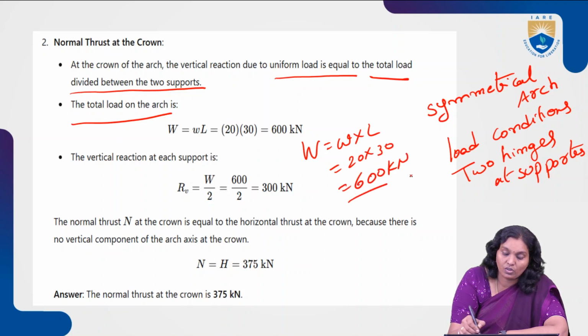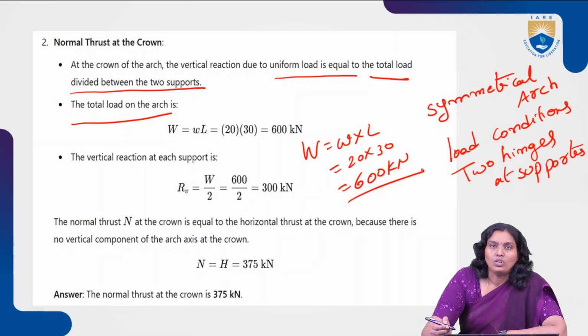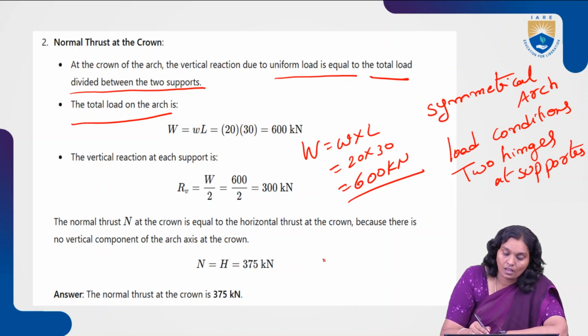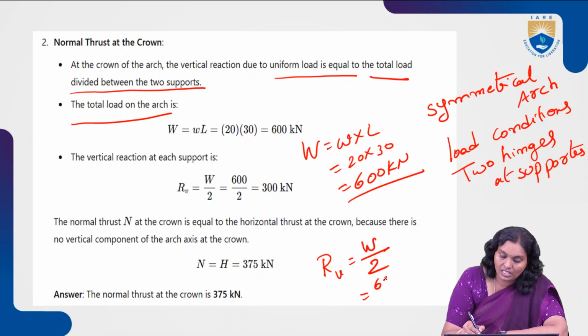We may convert it into a point load. The reaction at each support is W by 2, which is 600 by 2, 300 kilonewton.